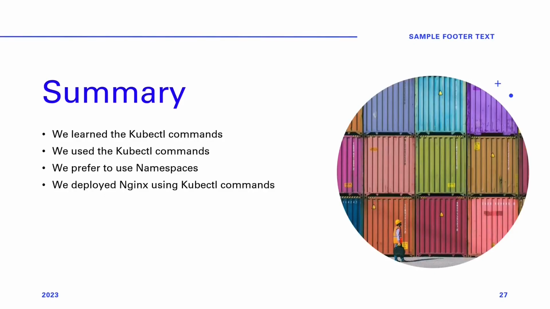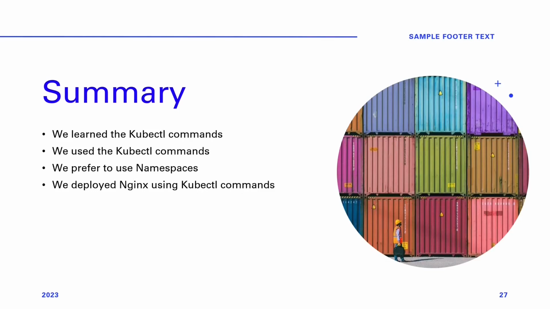We have learned how to use kubectl commands to deploy applications, to create services, and to expose the services so that we could open our web server or our application, in this case the Nginx web servers, through the browser.